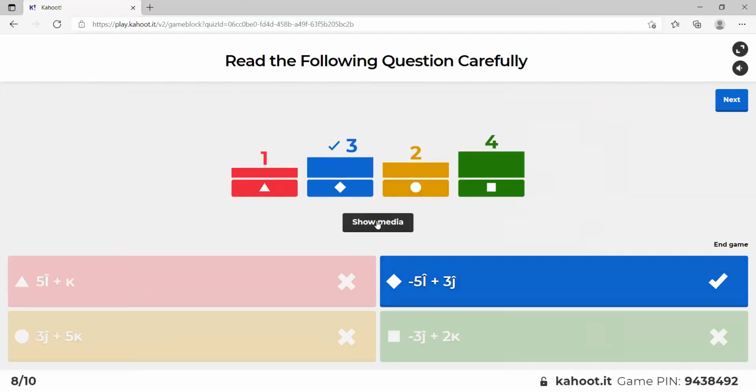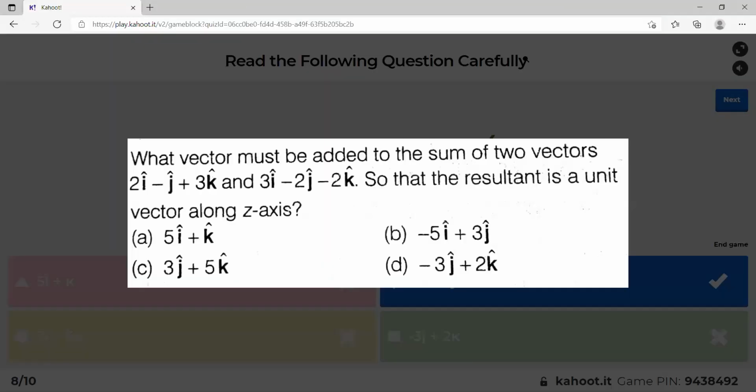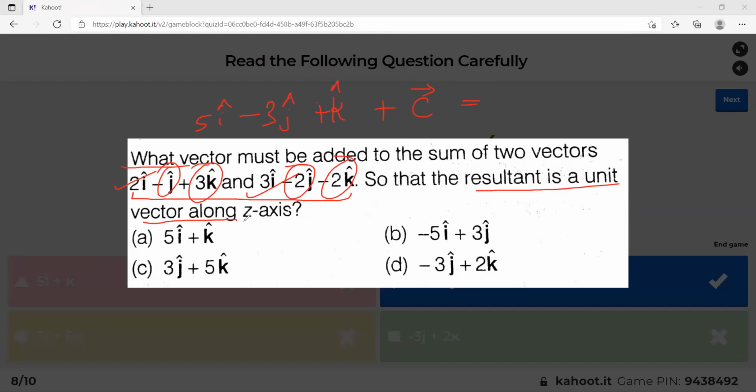So here number 3 is the right one. We just did a question similar to this. What vector should be added to the sum of these two vectors? So we will first find the sum of the two, then what will it be? 5i cap minus j minus 2j, minus 3j cap, 3k minus 2k, that becomes k cap. Let us say the vector I want to add here is c vector, so that the resultant is a unit vector along z axis, that is k cap, right?